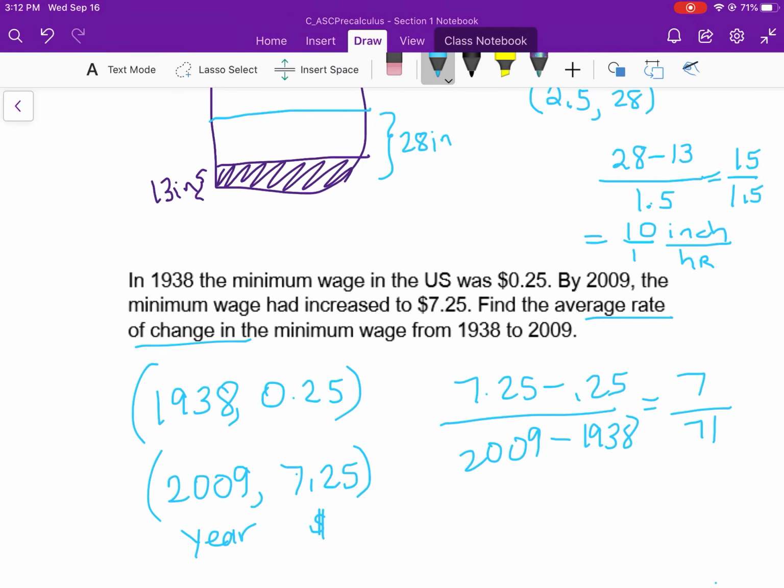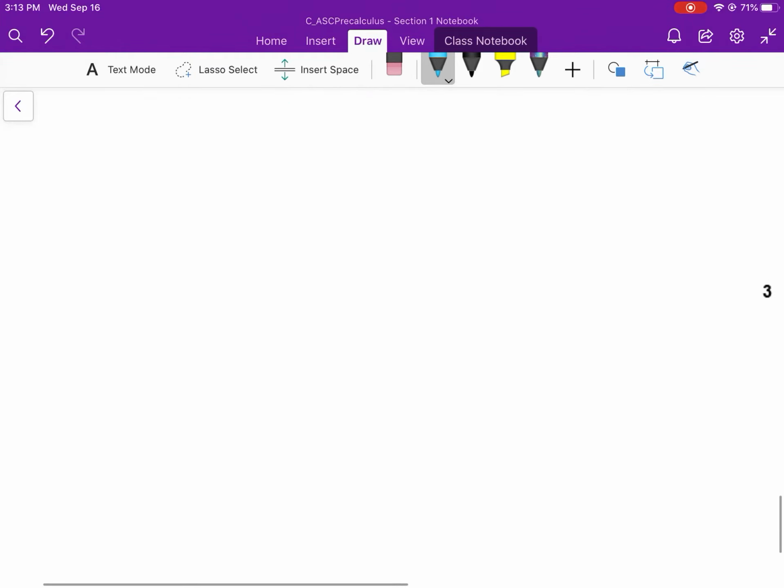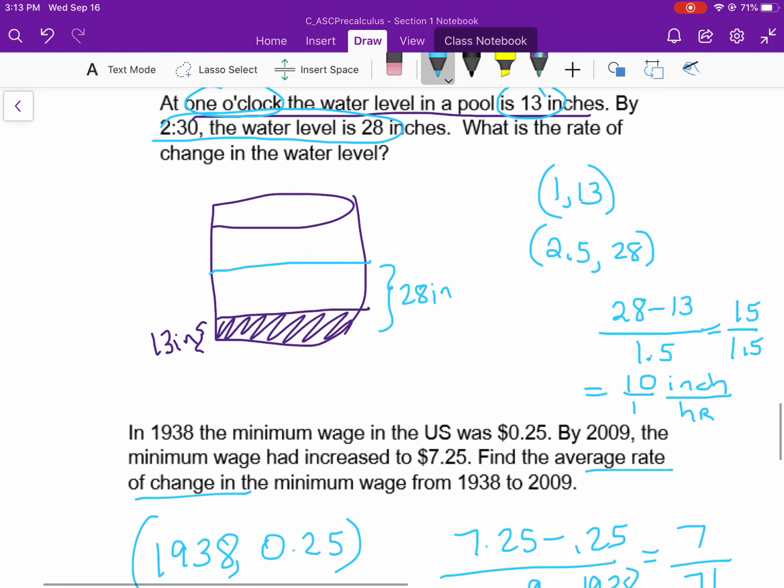It's 0.0985915, blah, blah, blah. So I'm going to round that to 10 cents. So this is approximately 0.10 per year. So this is 10 cents per year is my change in minimum wage, which if you think of it that way is rather pathetic. Anyway, I think that's all there is. So good luck.